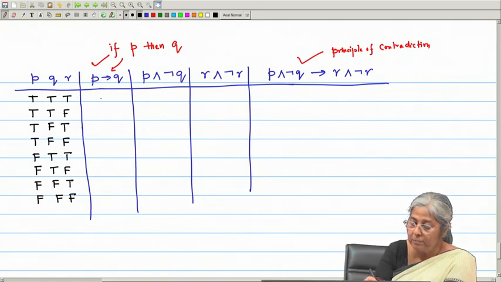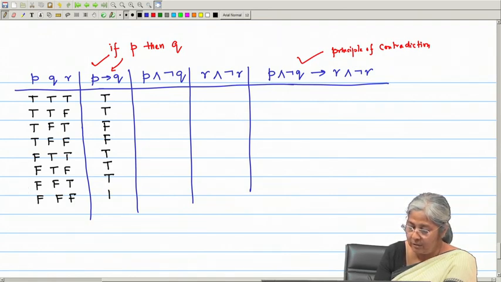T implies T is true, this is also true, only T implies F is false. Again T implies F, this is false. Again when it is all F, this is vacuously true. So, all the others are true.